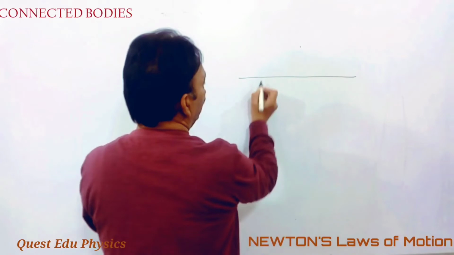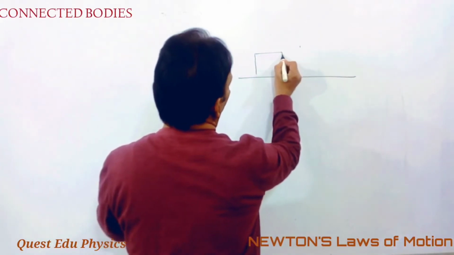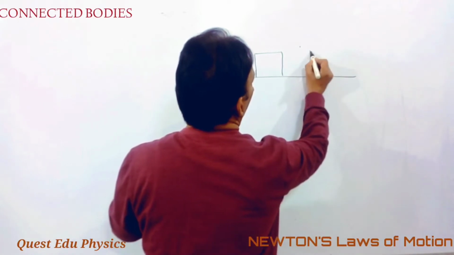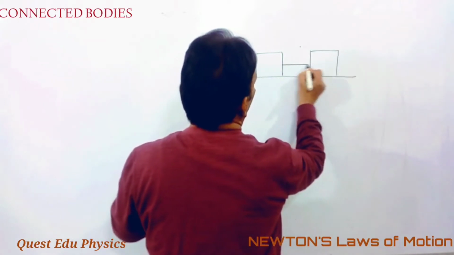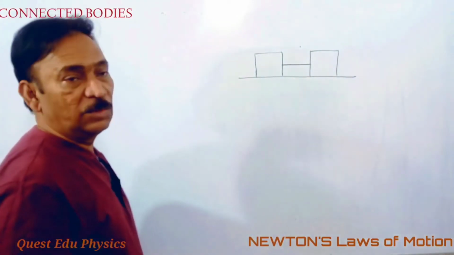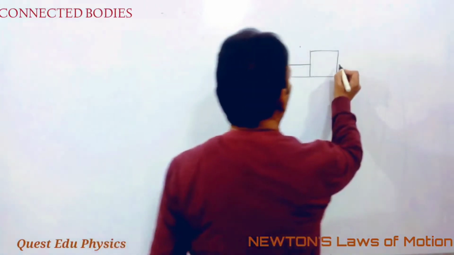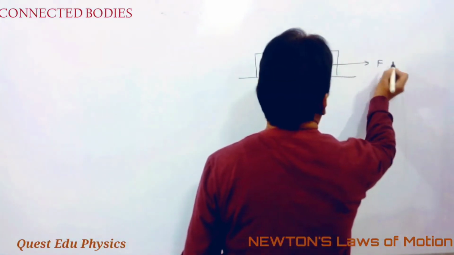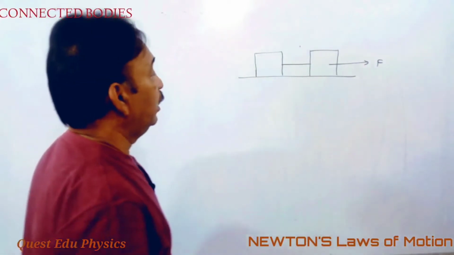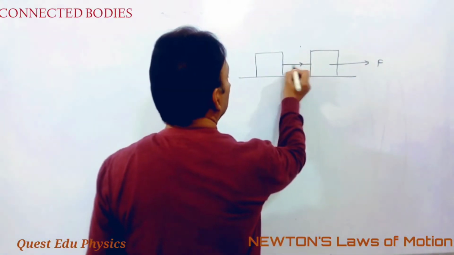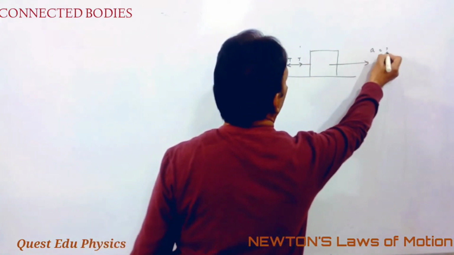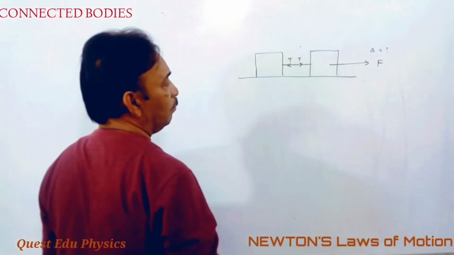It is a smooth surface, 2 bodies are kept here, and one more body we have. They are connected by a string. The string is massless and inextensible, and a force is pulling that body. He is asking us what is the tension in the string and acceleration of the system. You have to follow the same thing.